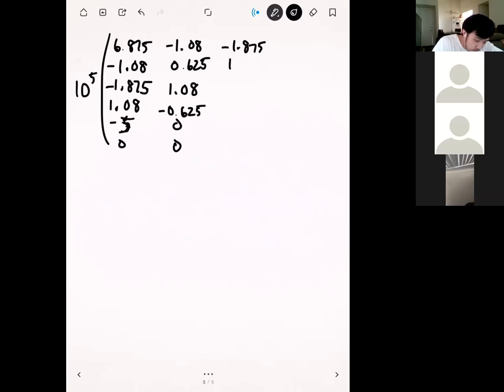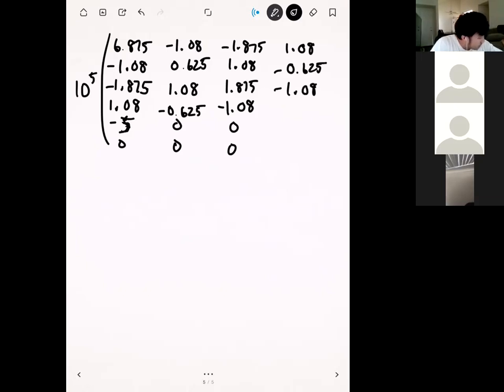I'm totally going to run out of room. 1.08, 1.875, minus 1.08, okay, 0, 0, 1.08, minus 0.625, minus 1.08, 0.625, 0, 0. Okay. Then we're going to continue on to the next line.